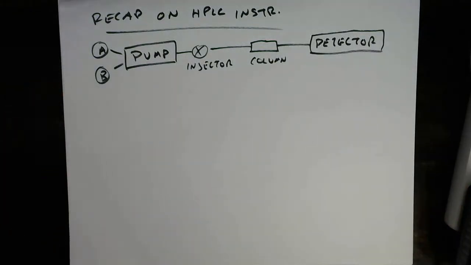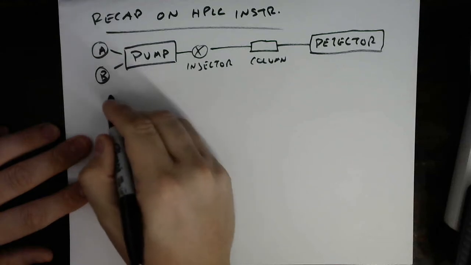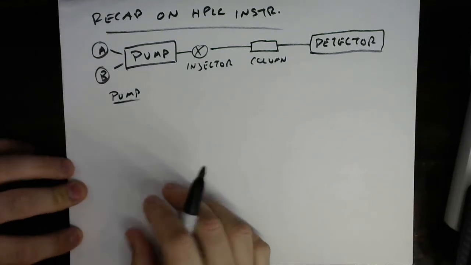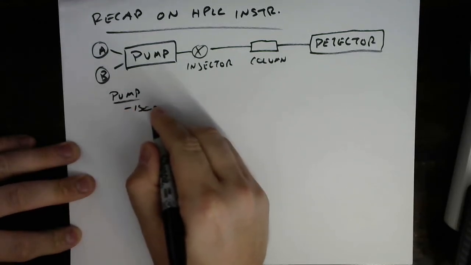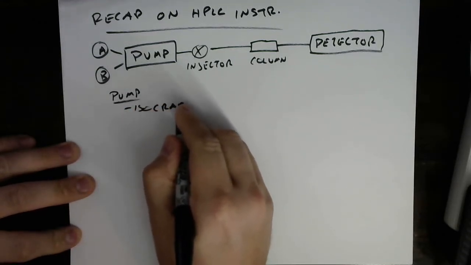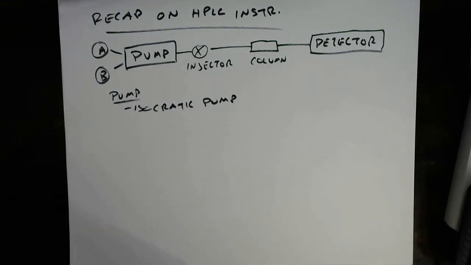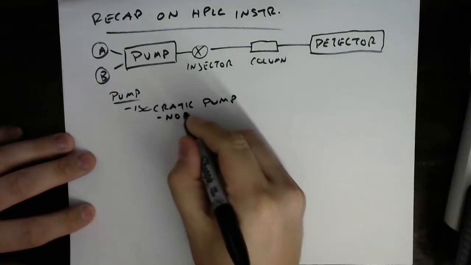And I just want to remind us all of what we've seen in these different categories. So let's start with the pump. So we've seen the operation of an isocratic pump. This is a pump that can deliver just one mobile phase, and so we can't get gradient elution.